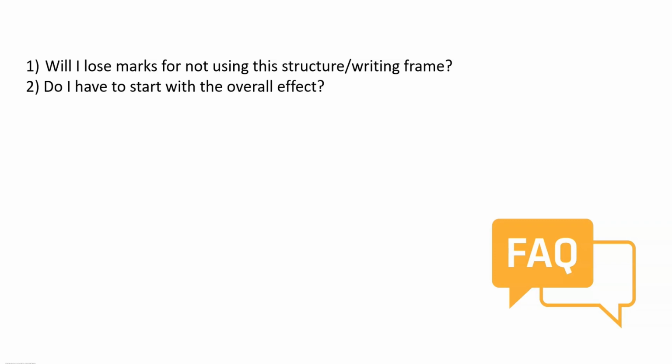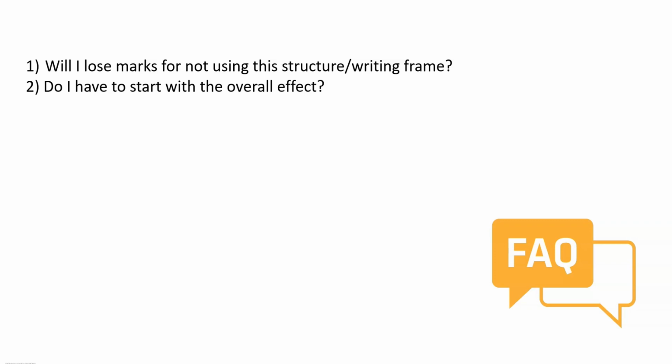Question 2: do I have to start with the overall effect of the language? It's a sentence starter that I often advise you guys to use, and indeed my own students. Again, no, you don't. However, I have always approached the writer's effect question in this way. Some teachers may argue that it is somewhat of a redundant phrase, but if you think about it, your goal is ultimately to unpick what the writer is trying to achieve.